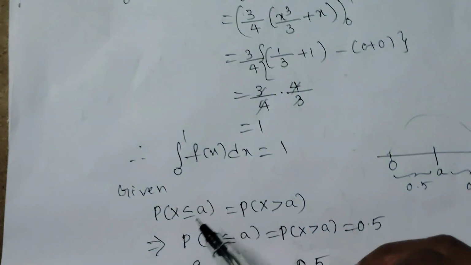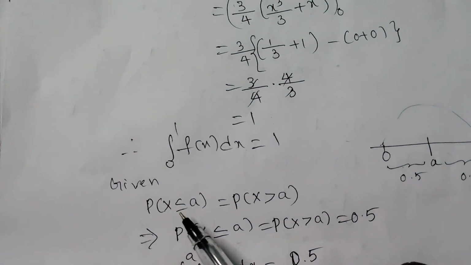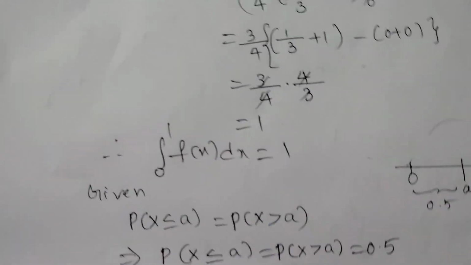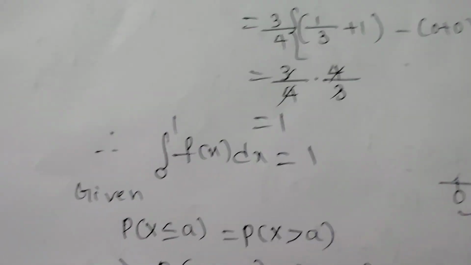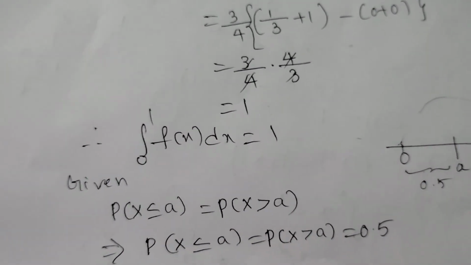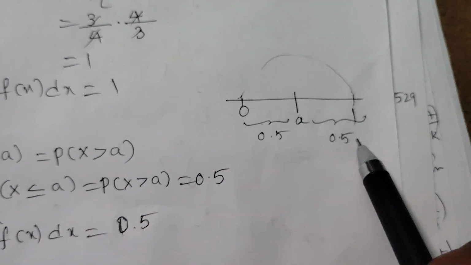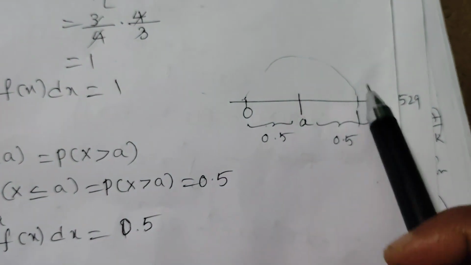Okay, next our question is what? If P of x less than or equal to a equals P of x greater than a, then for what value are these two equal? Here, observe this diagram. Total curve is from 0 to 1 only. So total area under this curve is 1.